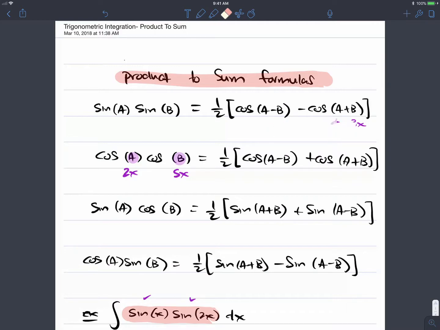So we get 2x minus 5x, and we get 2x plus 5x here. Now notice the difference here. This is plus, it's not minus. And this will become minus 3x, and this will become 7x. So we're going to use these as well. Okay? So let's see what this integral becomes. We got a minus 3x and a 7x.